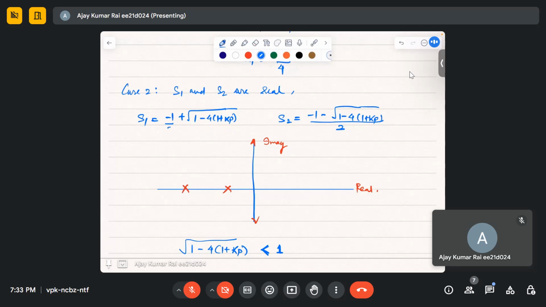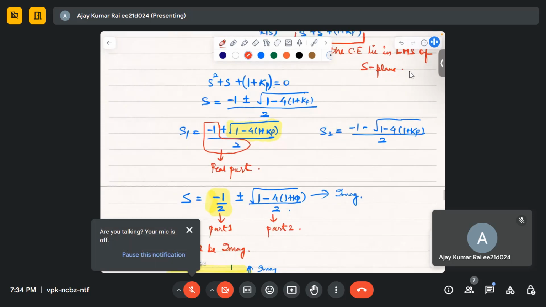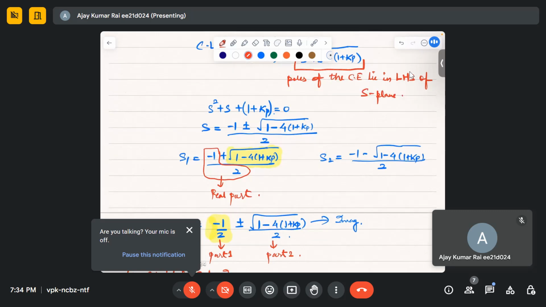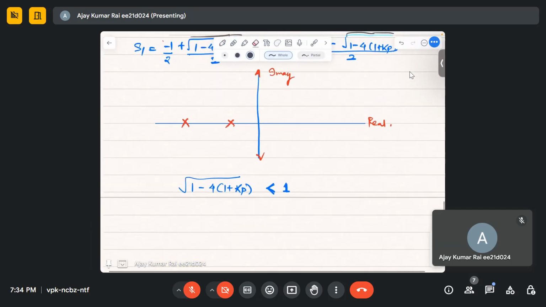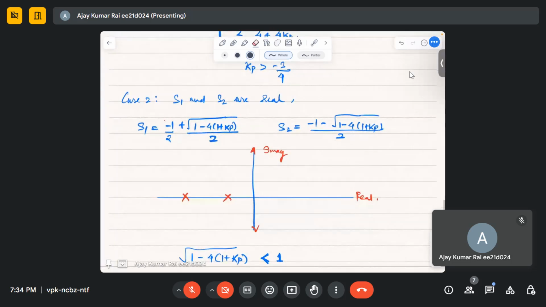It will be more clear if I write like this. We have already written part 1 and part 2, and we are just comparing part 1 and part 2. Since the denominator is the same, I am comparing the numerator.